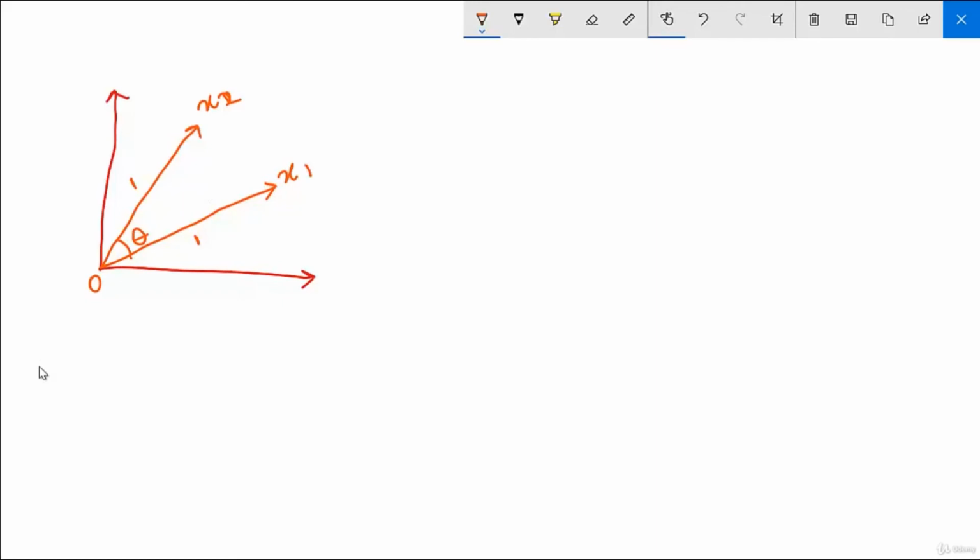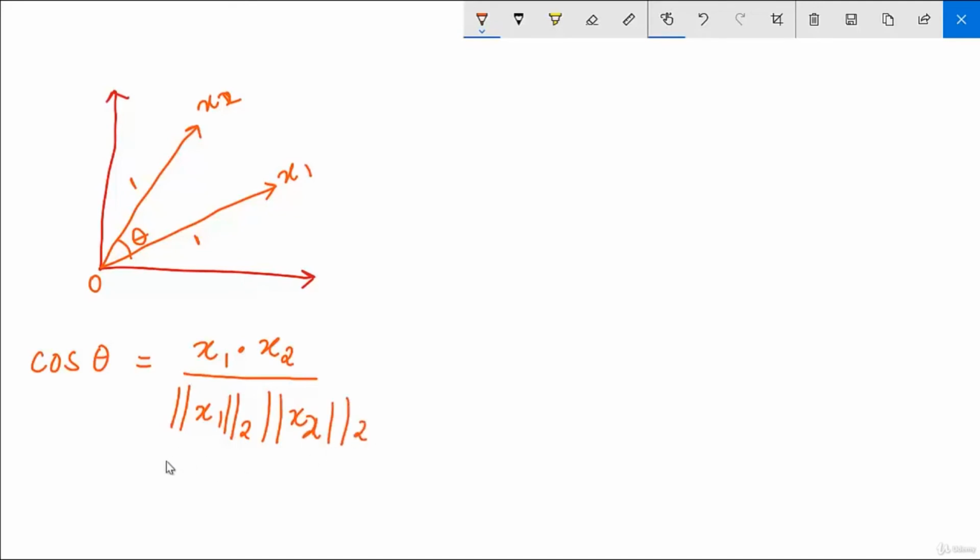The length of each is 1, so these are unit vectors. If I take cos theta here, cos theta equals x1 dot product x2. You must have known about dot product, right? So x1 dot x2 upon the distance of x1 times the distance of x2.